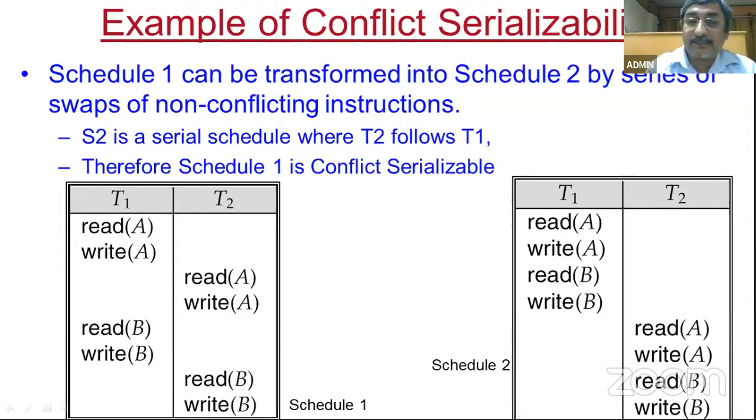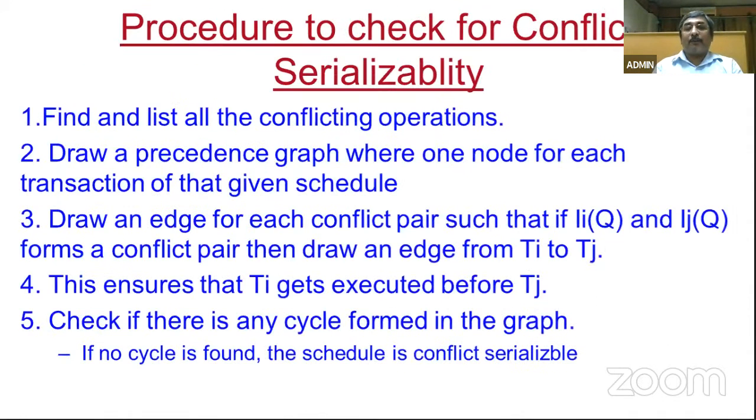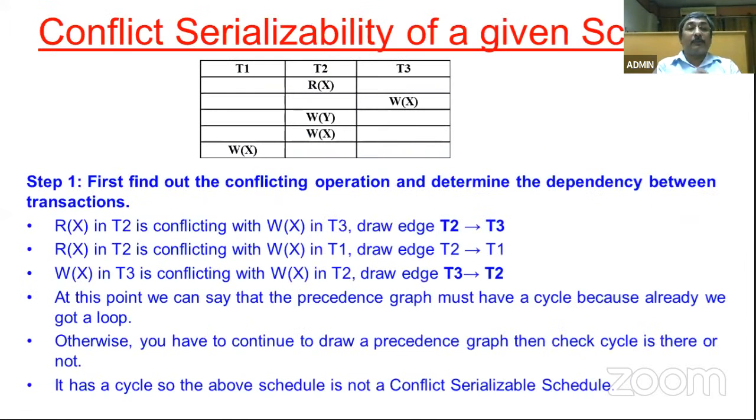Now, the question is, how can I check whether a schedule is conflict serializable or not? Then I have to draw up a precedence graph. Let us show this. These are conflicting. And which has to be done first? T2 has to be done first and then T3.